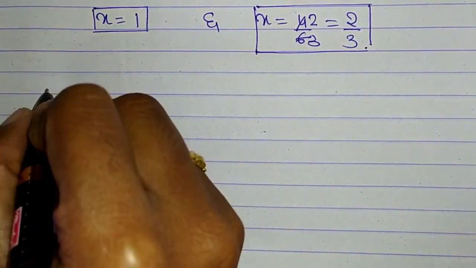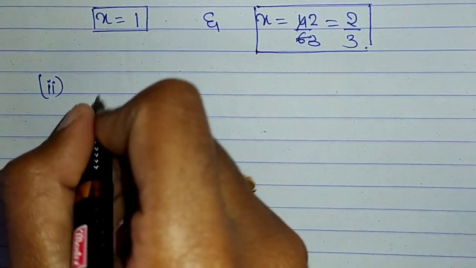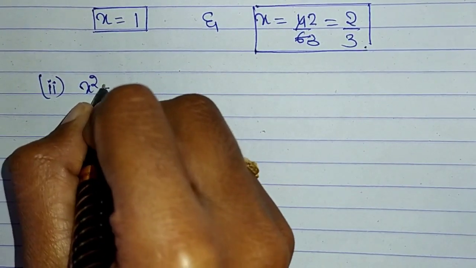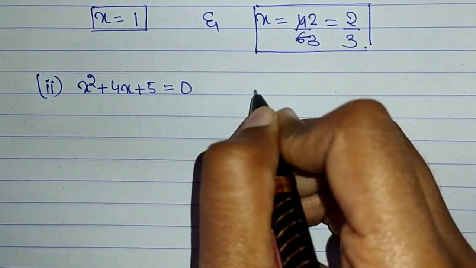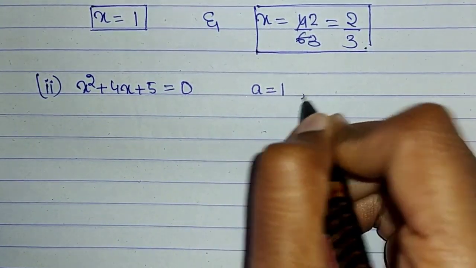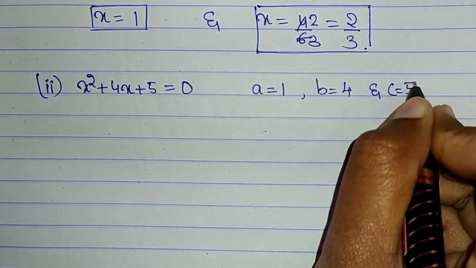Second sub-question. In second sub-question, we have x square plus 4x plus 5 is equal to 0. So here a is equal to 1, b is equal to 4 and c is equal to 5.